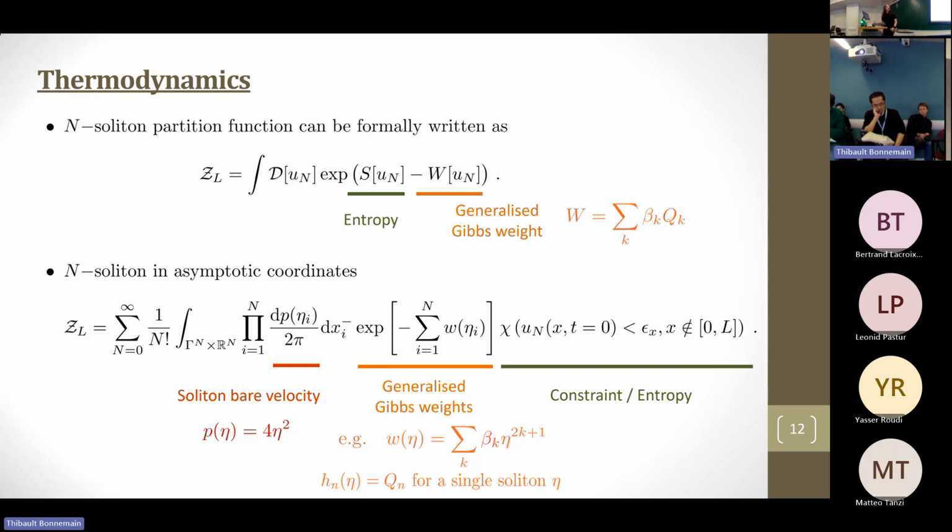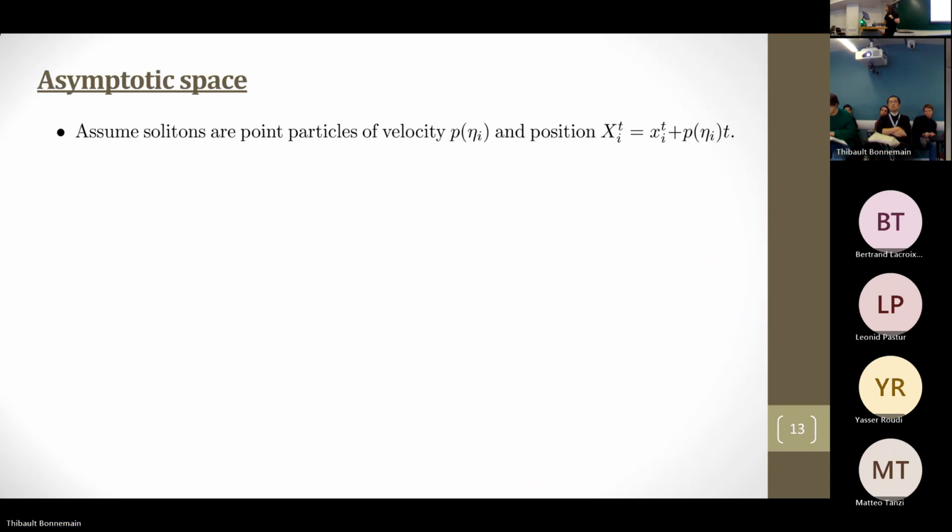All right. So the small part is this constraint, and for now, I'll give you some heuristic argument as a way of computing this, and this is based on the fact that I will use this analogy between solitons and particles. So I assume that my solitons can be modeled as point particles that instantaneously jump when they collide with another one.